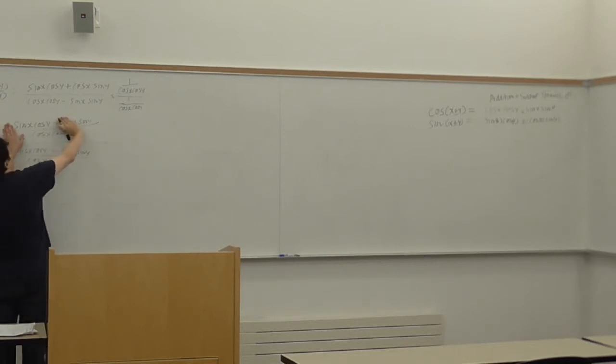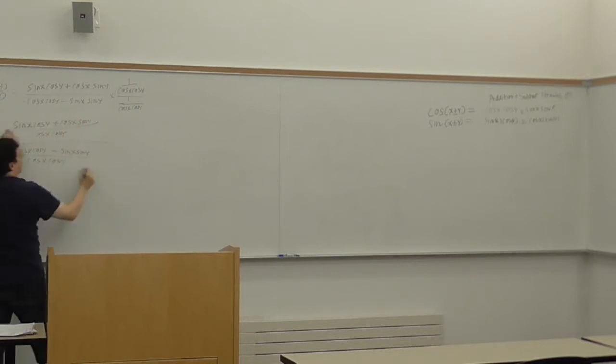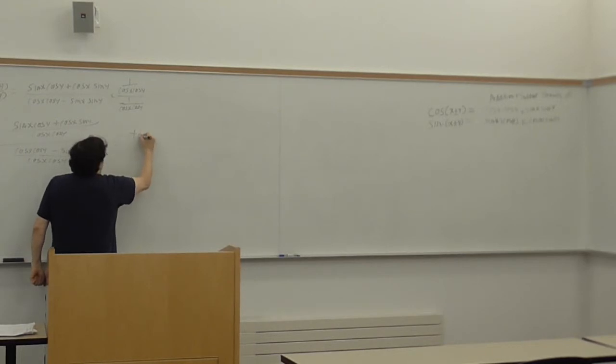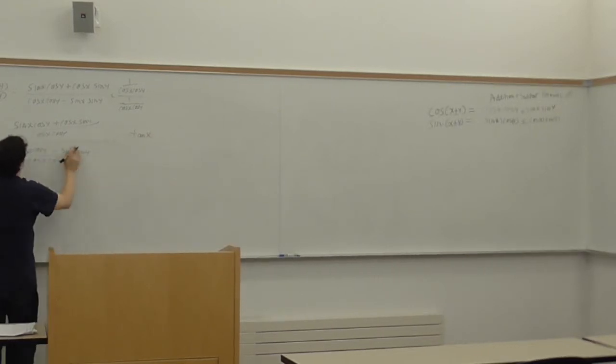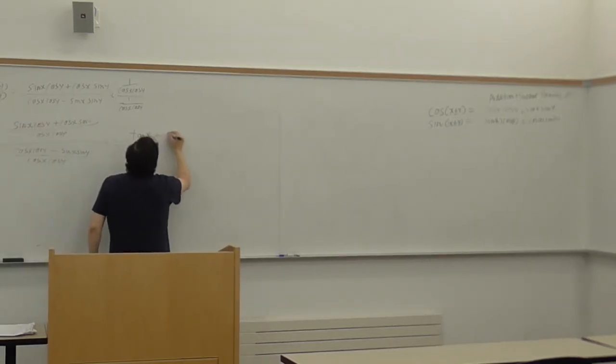Well, here my cosine y drops out, and I have sine x over cosine x, so that's tangent of x. Here the cosine x drops, and I have sine y over cosine y, so I have tangent of y.